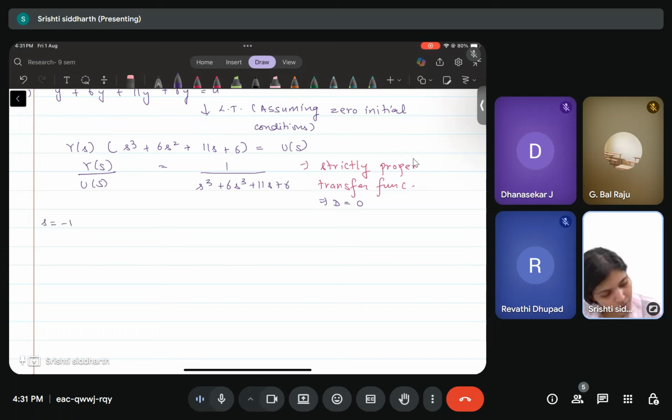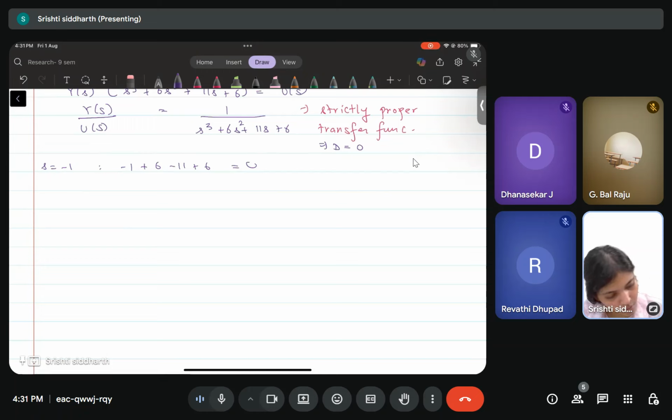If you substitute s equals -1, we get -1 plus 6 minus 11 plus 6, which is 0. So let's look for other roots.